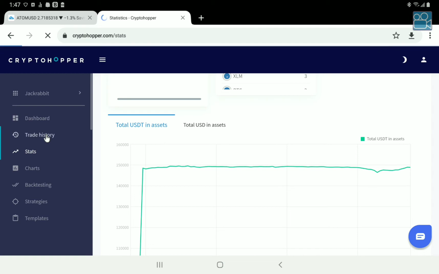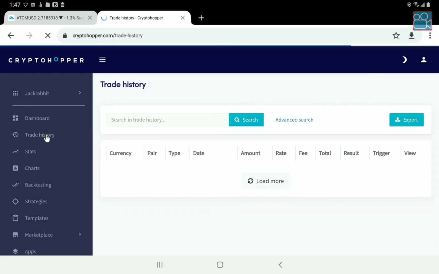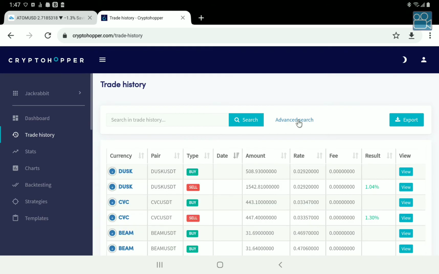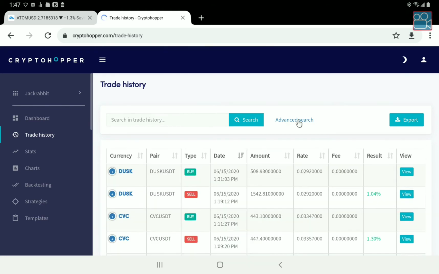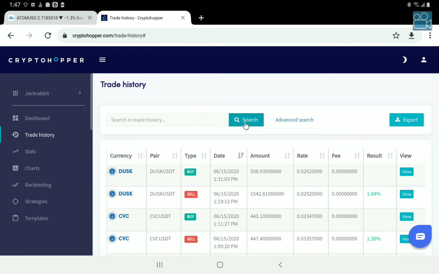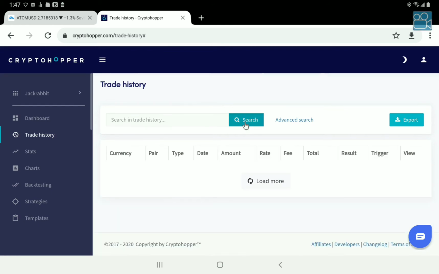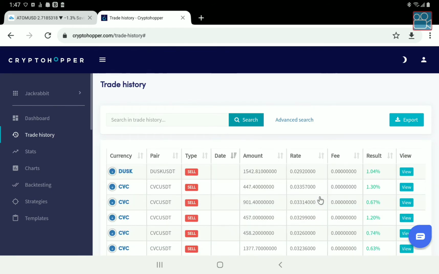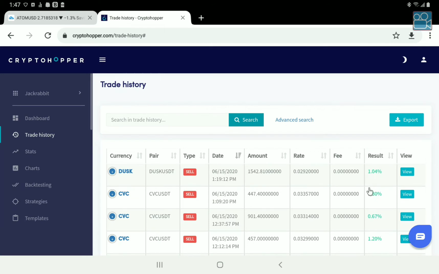Let's go to the trade history. Again, we're going to take all the buy points out, and we're going to focus only on the sell markers. So here you have all the latest sells for this paper bot.